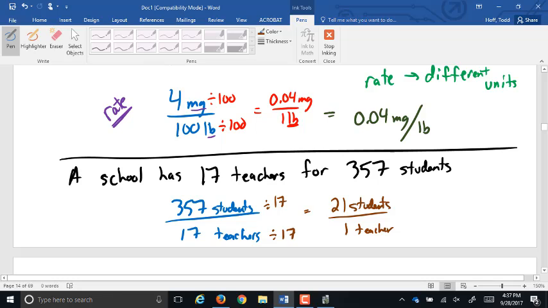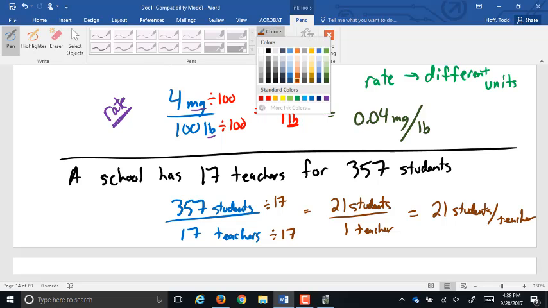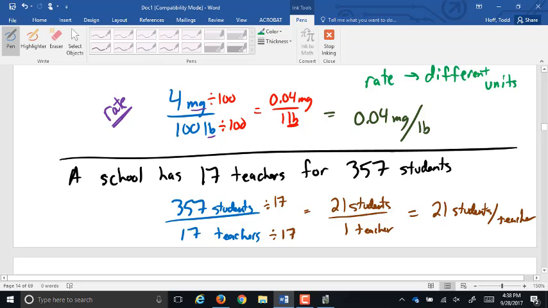So that's a 21 student to one teacher rate. So 21 students to teacher. The other argument could be made that it's comparing people to people and that it's a ratio, a 21 to 1 student to teacher ratio.